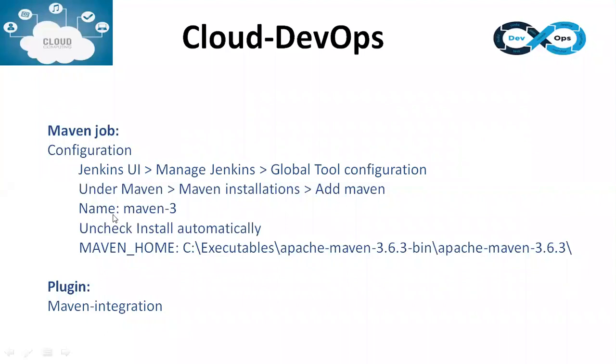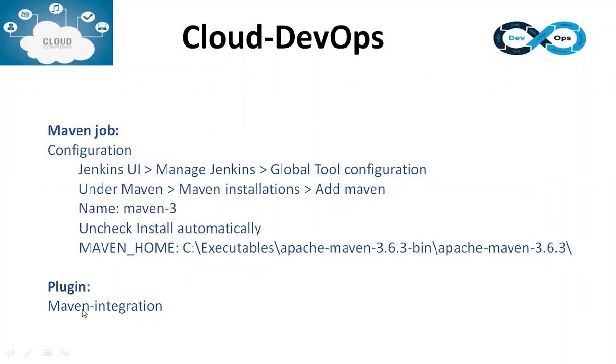Under that, you have to name it Maven-3, uncheck Install automatically, and enter your Maven home path. Maven home means it does not need bin. If you provide until apache-maven-3.6.3, that is enough. This is the first step towards running the Maven job.